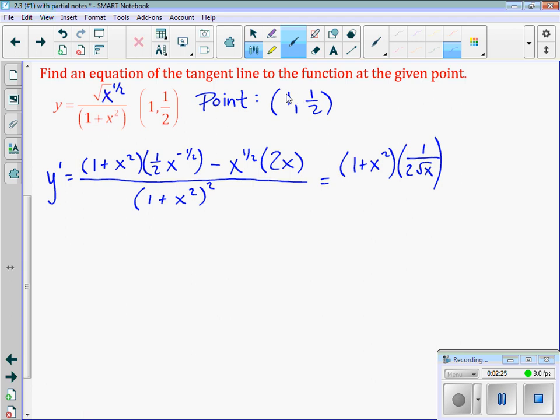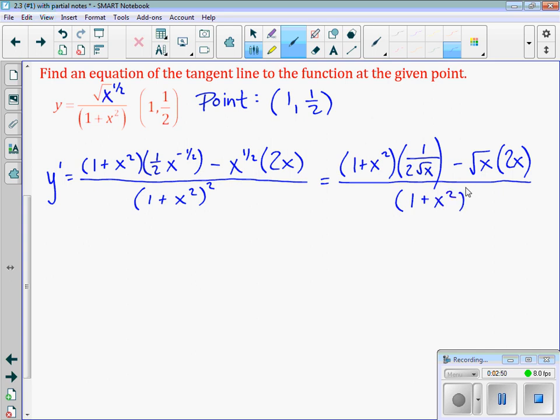I just think it's easier for people when you're plugging a point in to go, what's the square root of that, rather than what's that to the half. But either way, your brain should be doing the same thing. And then minus, and I might just leave this as is, so square root of x and then times 2x. You could combine those together, but it doesn't really help for this one. And then the denominator we'll leave like it is.